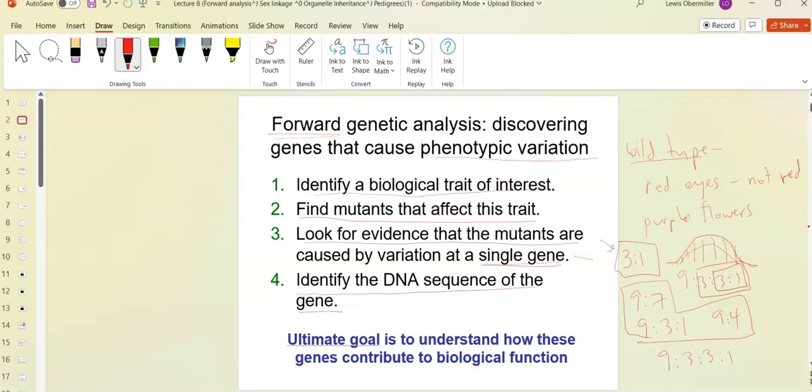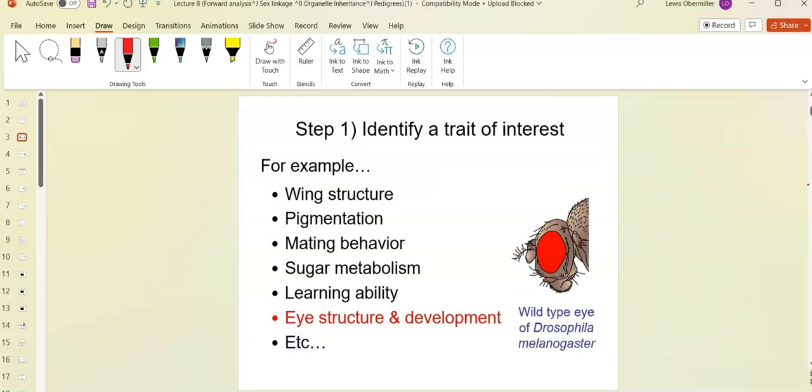Why did the red pigment not fold into the correct shape so it's no longer red? In the end, we want to understand how these genes contribute to this phenotype, right? In this case, eye color or flower color, but it could be anything, right?